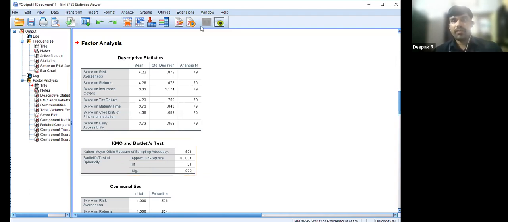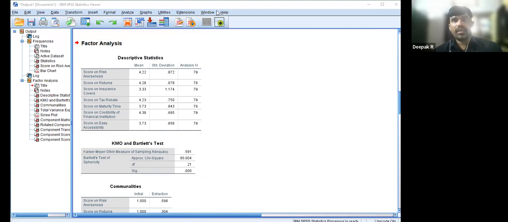And similarly, we will be able to look at the reliability, in terms of whether the data that has been collected is adequate enough or not, and we will go for the KMO, the measure of sample adequacy.